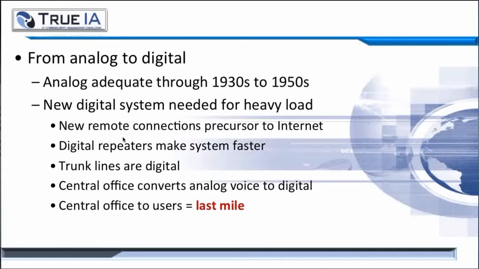Now, instead of multiplexers, we use digital repeaters. Even all the trunk lines are digital. So now your central office is converting analog voice into digital. Well, that's the last mile.